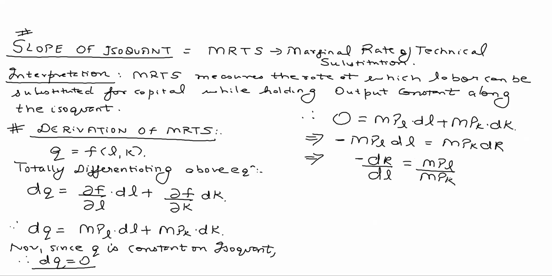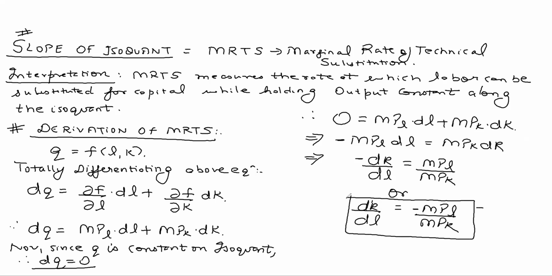Minus dk by dl is equal to mpl by mpk, or I can say that dk by dl is equal to minus mpl by mpk. So this is nothing but the slope of the isoquant.